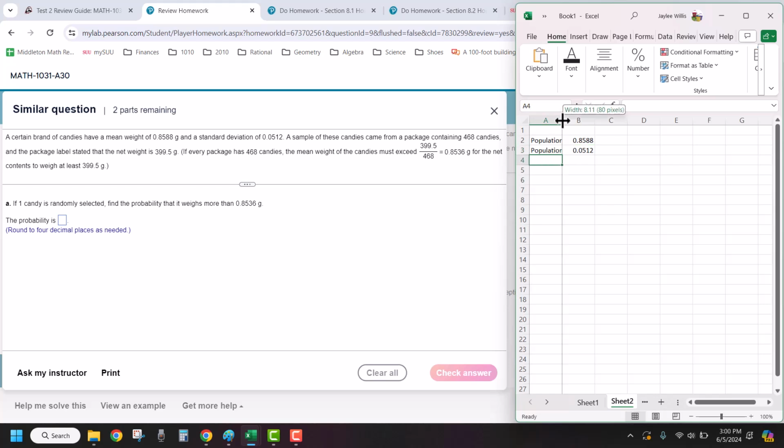And then the size of the sample is 468. And the sample mean is 0.8536.